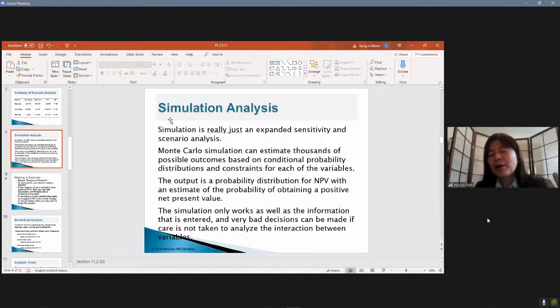But in the real world, if we are looking at a large corporation that needs to work on a very complicated project with hundreds of variables, it's still possible. That's where we need simulation software programming skills.